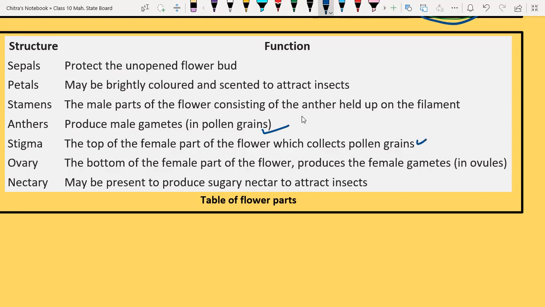And ovary is the bottom of the female part of the flower, which produces the female gamete, which is nothing but the egg cell or ovules. And nectary may be present to produce the sugary nectar to attract insects. Okay, so these are all the important parts of the flower with their functions.